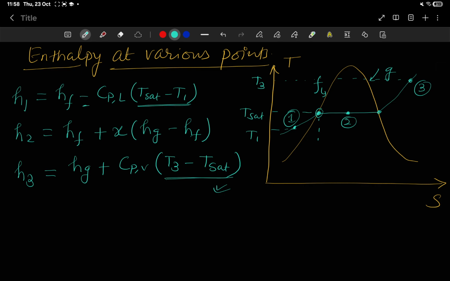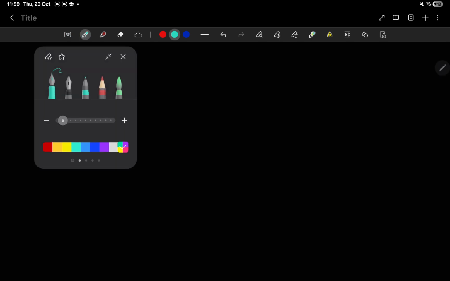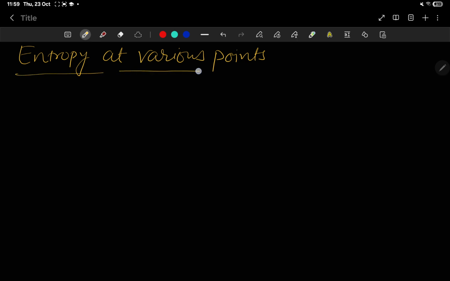Okay, now let's explore it more. Entropy at various points. So just draw the TS curve.